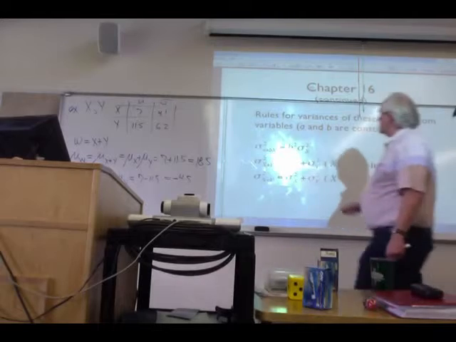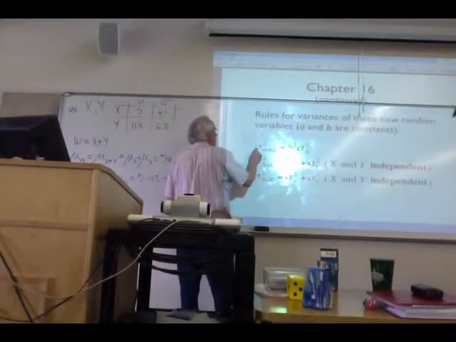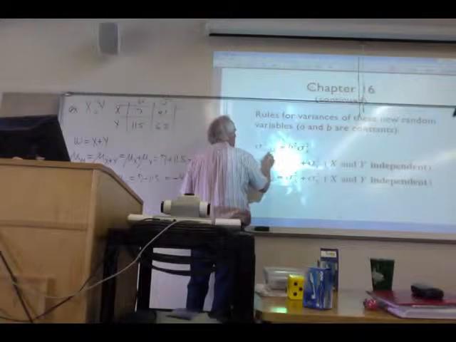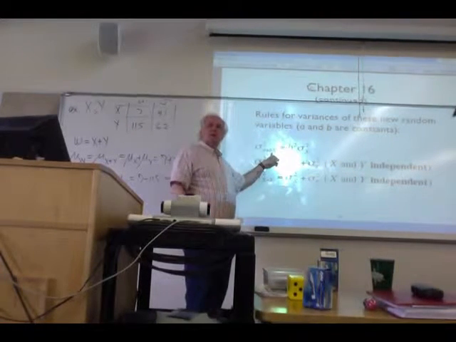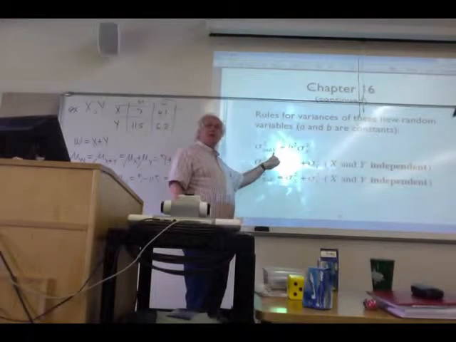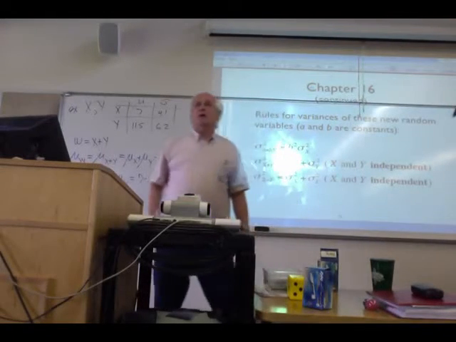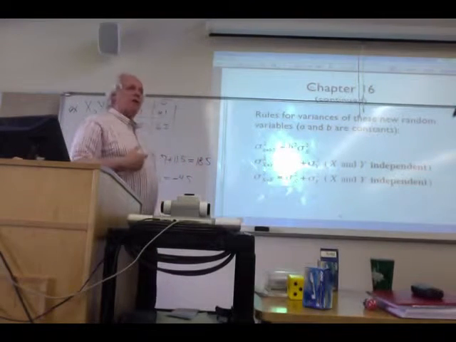All right, let's take a look at this here. On the left-hand side, we have the Greek letter sigma. We have a subscript of a plus bx. It's understood here that a and b are constants, and my random variable is x. I'm creating a new one using this formula. Now this 2 in the upper right-hand corner is an exponent. I'm squaring something. That's what I'm using to represent the variance.